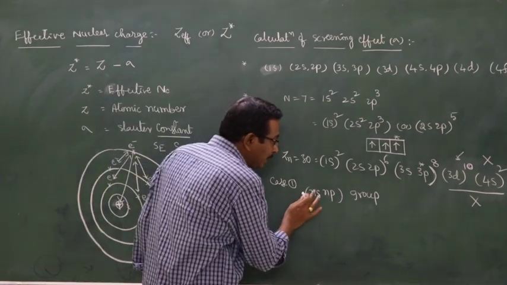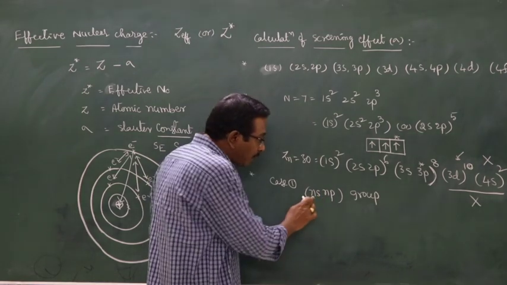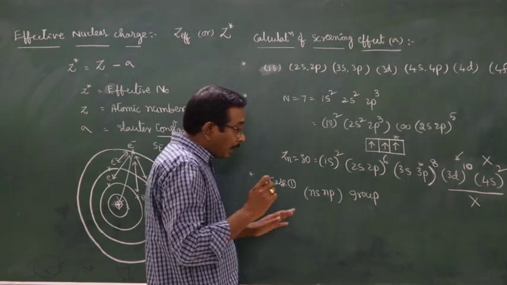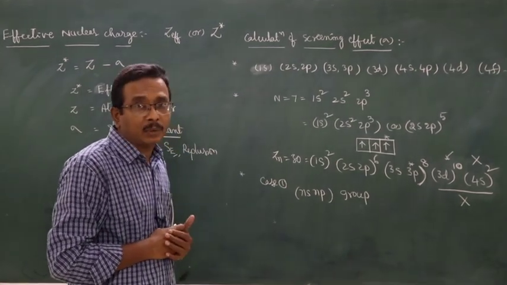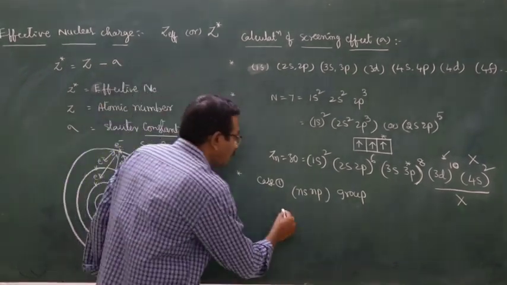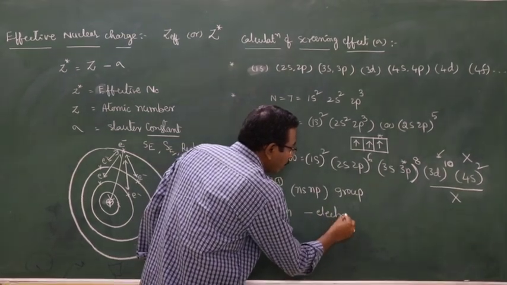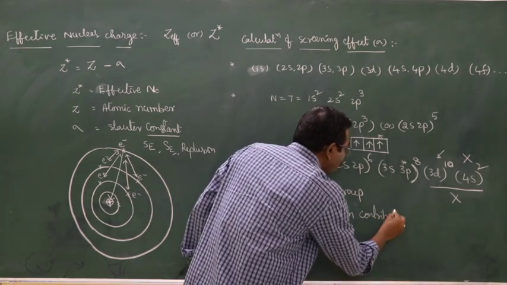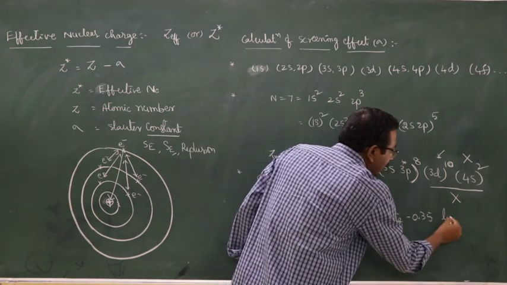During the calculation of the effective nuclear charge of an electron present in the ns and np group, except the electron to which the effective nuclear charge is calculated, all the remaining electrons contribute 0.35 to the Slater constant.